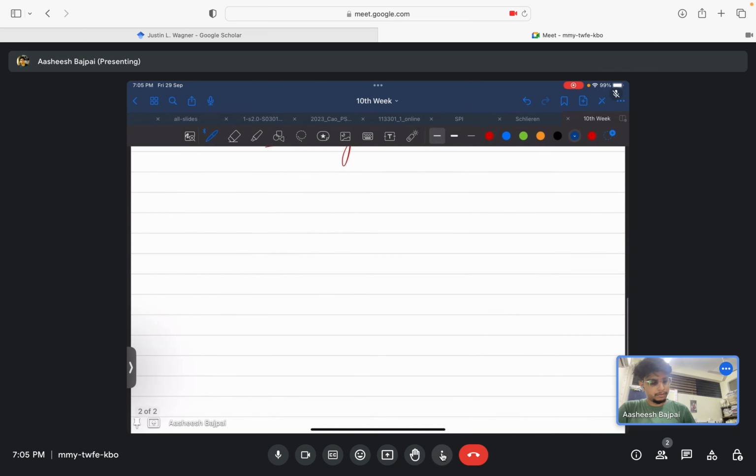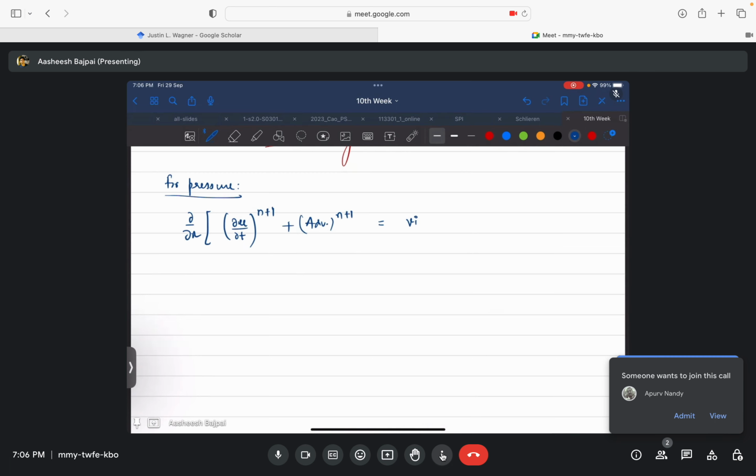I'll start with the very basics of why we are doing this. We are doing it for getting the pressure. I am writing two momentum equations. So del over del x, this is the advection term at the n plus 1th time step, which is equal to the viscous term.